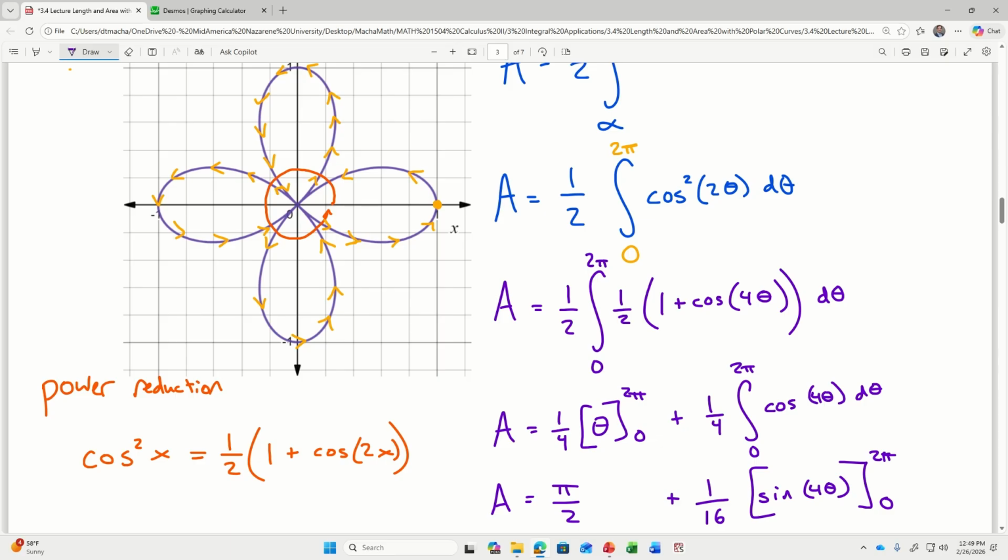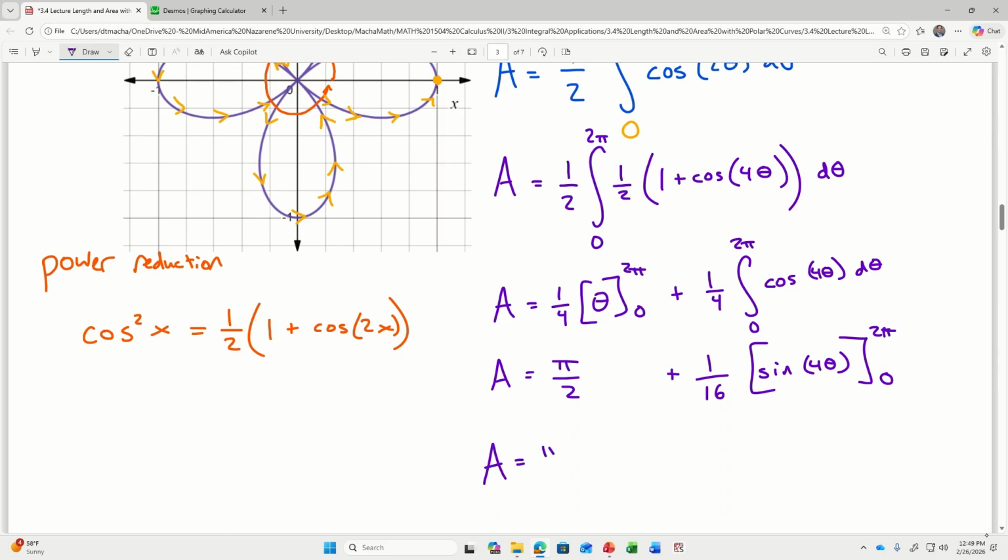Is it 0? Mm-hmm. Yeah, sine of any integer multiple of pi is 0. So that last term is going to be 0 minus 0. In other words, the area is pi over 2.